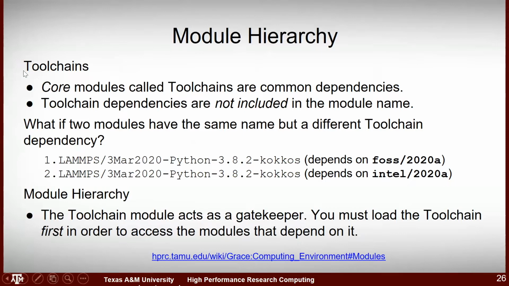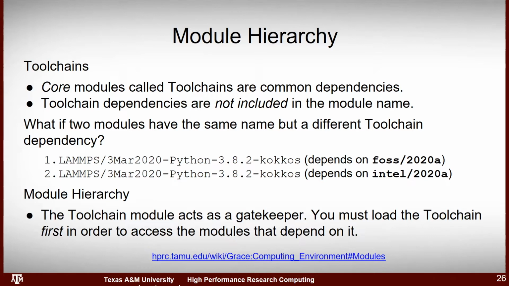Okay, so I said we have a module system, so our modules are organized. We don't just throw them all on the floor. We put them into categories. So we have a module hierarchy, and the way that we categorize our modules is we group them by their dependencies. The core modules are called toolchains. Those are the most common dependencies, for example, a compiler.